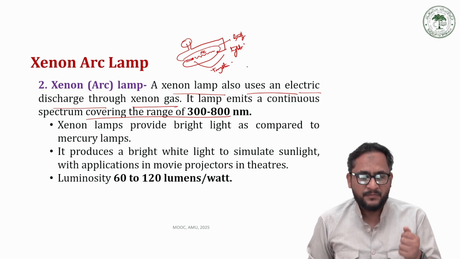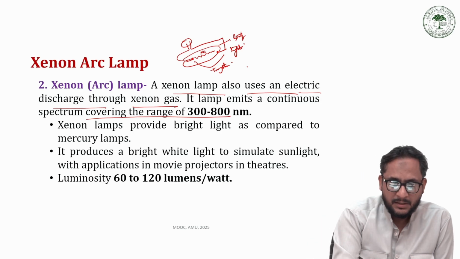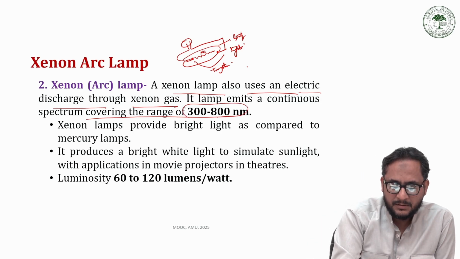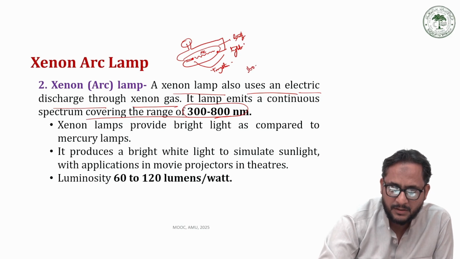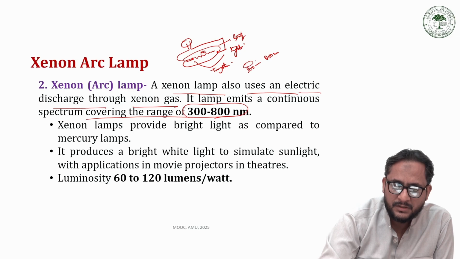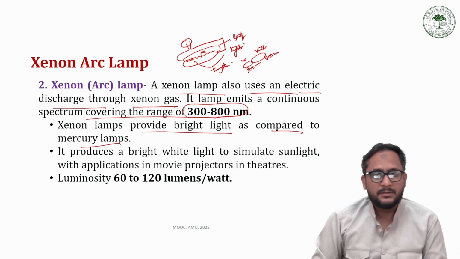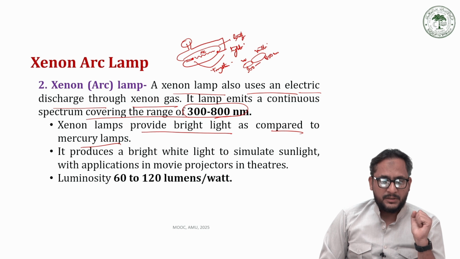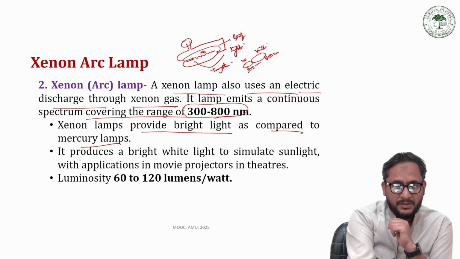But among the lamps used for spectrophotometers, xenon lamps cover a quite wide range of radiation from 300 to 800 nanometers, meaning some UV region as well as the whole visible region, and they produce very bright light with very high luminosity compared to mercury lamps.